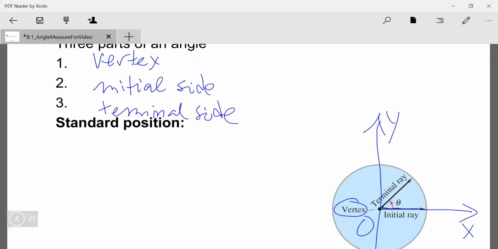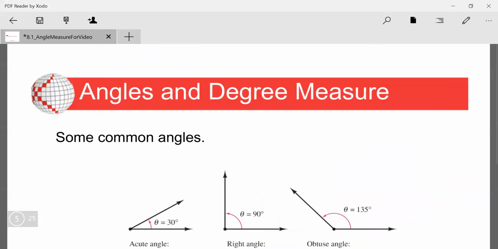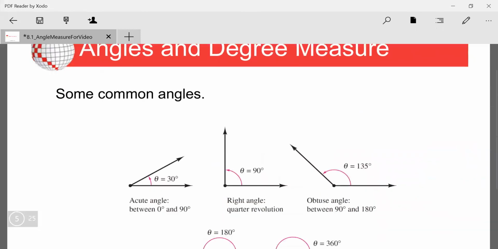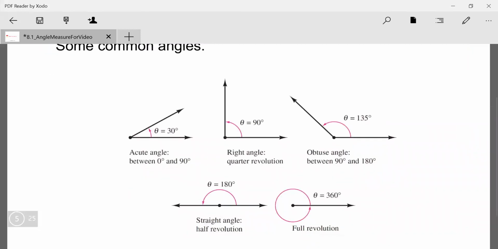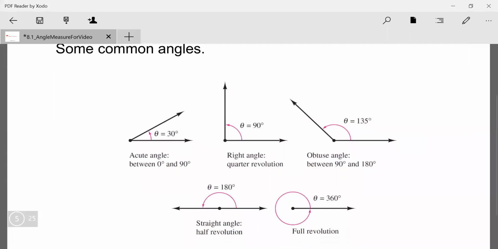Okay, now let's look at some common angles. Again, if you need to draw those angles, you can pause the video if you did not print out the fill-in notes. Let's start with the angle that is kind of easier to understand.